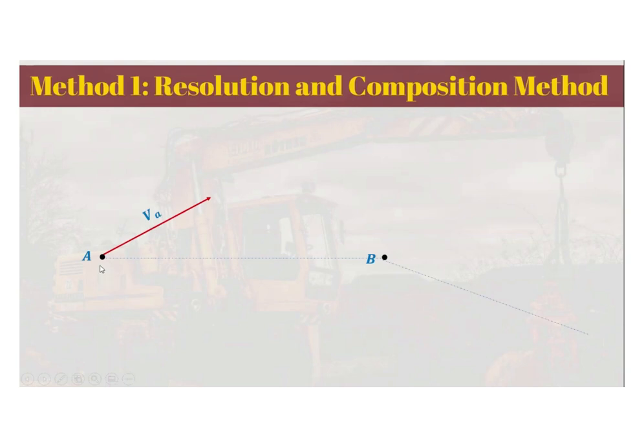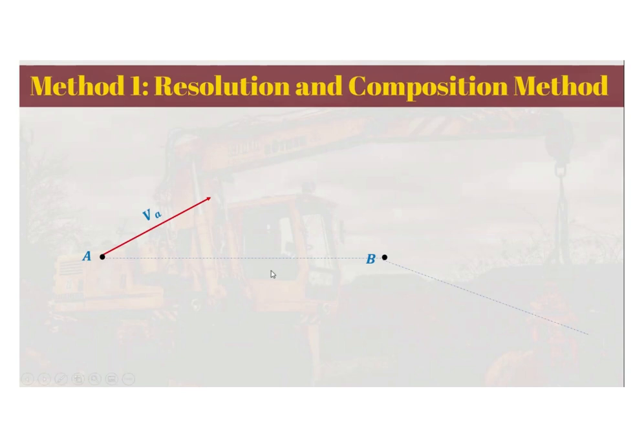So we have velocity A, the velocity and the direction is known. And we have point B, velocity is unknown, but the direction is known along this path. And you wanted to find the magnitude of the velocity and direction of point B. So as said in the foregoing slide, you are going to resolve A into components along and perpendicular to the line joining them.